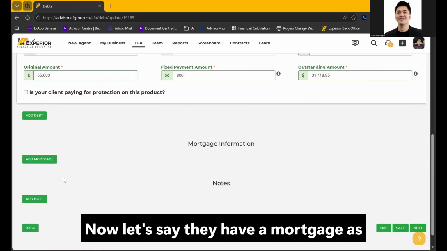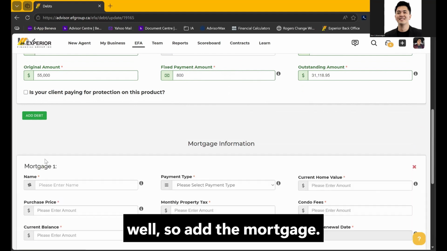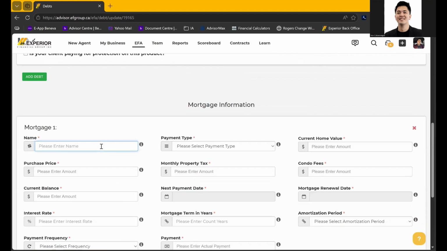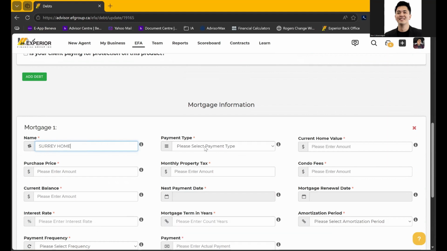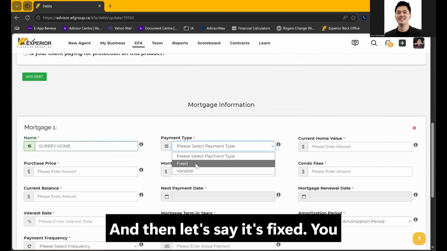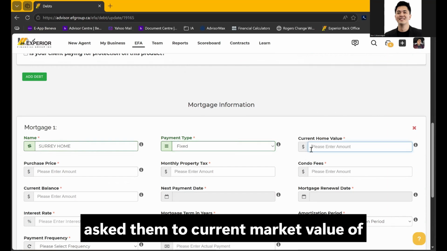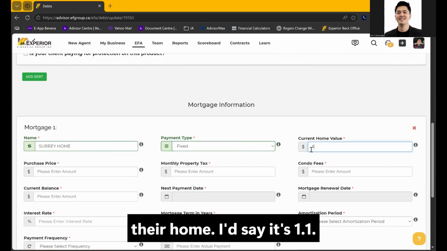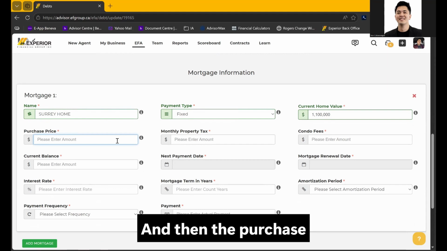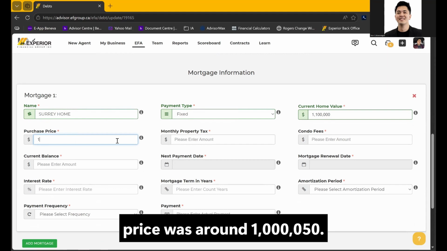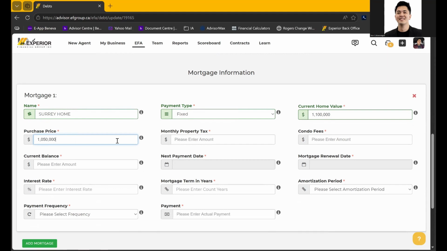Now, let's say they have a mortgage as well. So add the mortgage and then just be like Surrey Home. And then let's say it's fixed. You ask them the current market value of their home. Let's say it's 1.1. And then the purchase price was around 1,050,000.